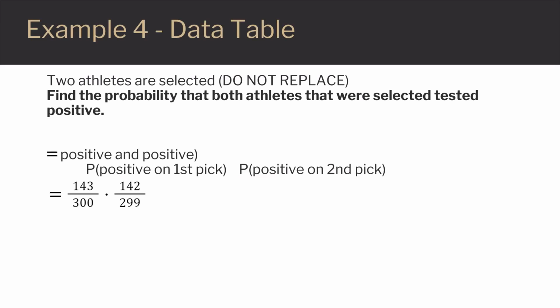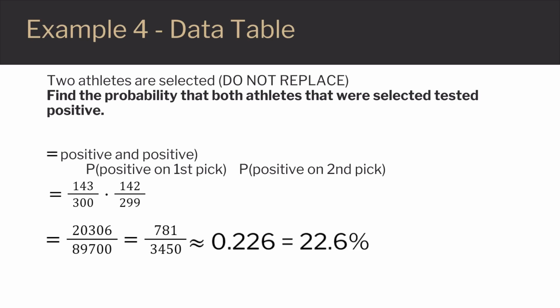Multiply these together and you get 20,306 out of 89,700, which simplifies to 22.6%. So, on average, 22.6% of the time, we can expect both athletes to have tested positive for use of steroids.